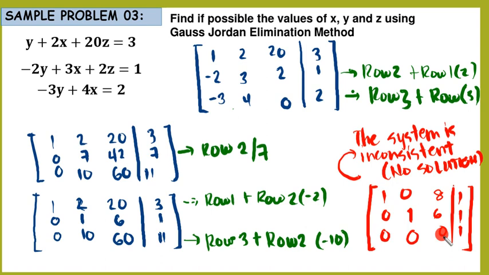So, pag ganyan yung solution ninyo, the system is inconsistent. Therefore, wala tayong solution dito sa problem. So, wala tayong solution dito sa given problem pag inconsistent yung system natin. So, ito yung magiging resultant matrix natin, inconsistent siya. So, yung sagot natin dito sa problem number 3 is no solution. Wala tayong solution dito.